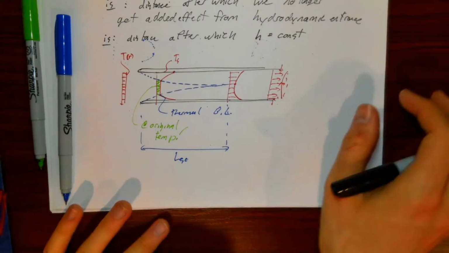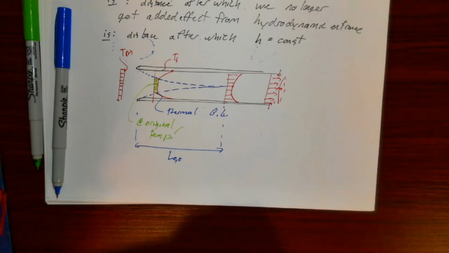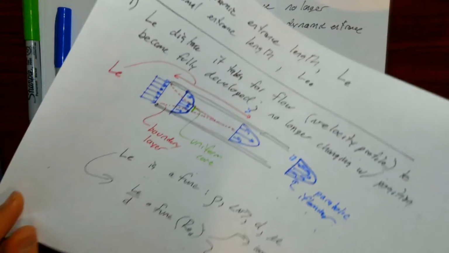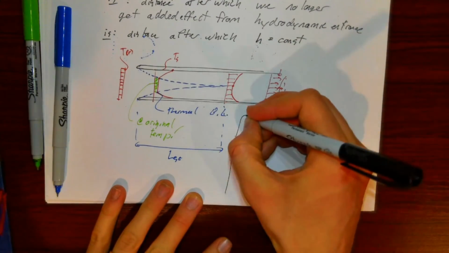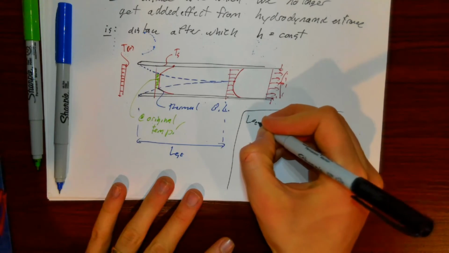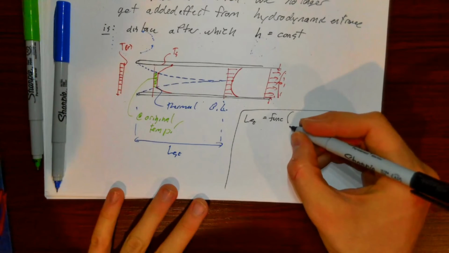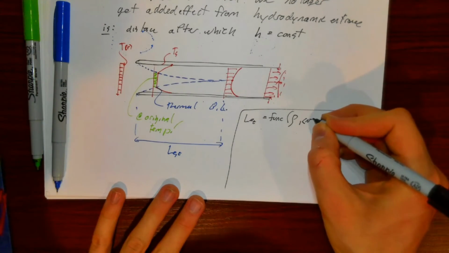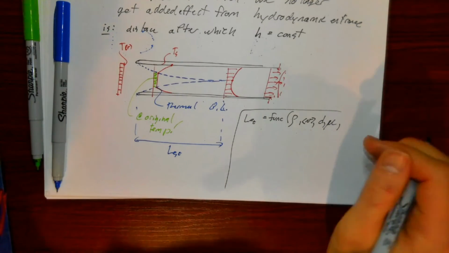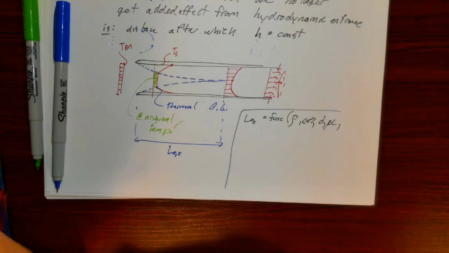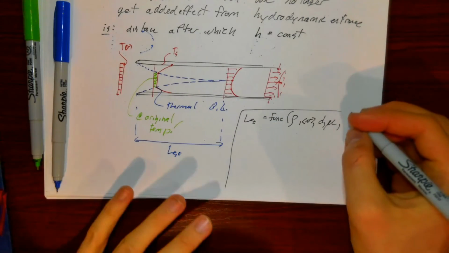You might be saying, hey, Landon, could you give me some function, right? Last time, for hydrodynamics, you said, hey, we have this function here. So what might that look like for thermal entrance length? Well, the thermal entrance length equals a function of a couple of variables. It's, understandably, a function of the same variables as the hydrodynamic entrance length, plus a couple additional properties to account for the fluid thermal properties.